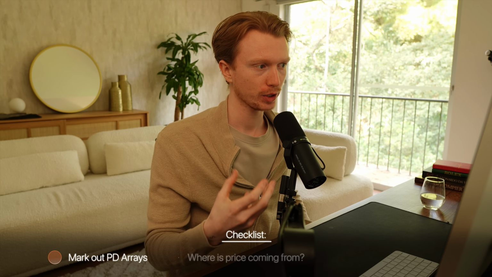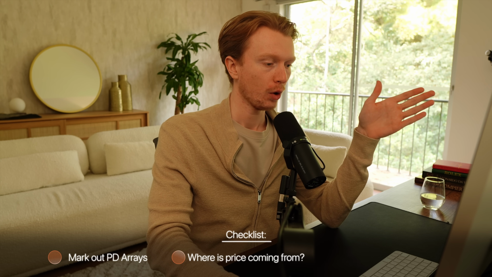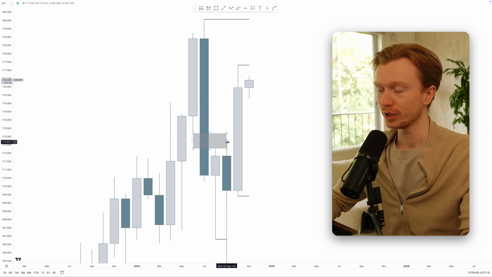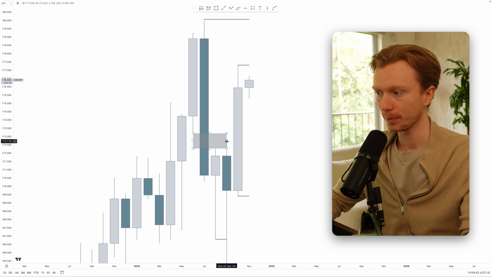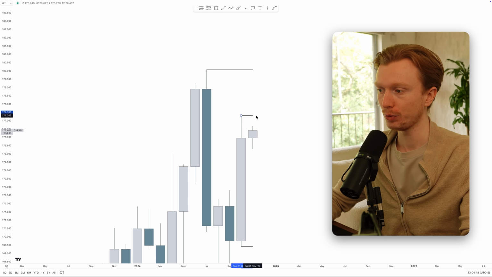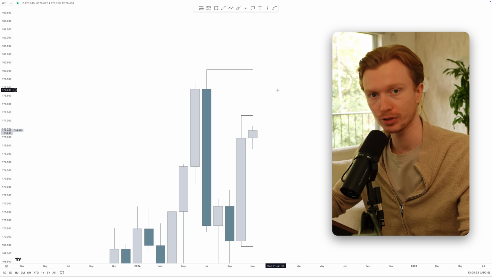So if we answer that question of where is price coming from, then where is price going? That question becomes quite clear, right? Because if it's not respecting those bearish fair value gaps and we are getting potentially bullish fair value gaps right there, we could argue that we are aiming for this previous month high right there and this swing high as our main target. So on the monthly, we had a very clear answer to the question, in the next candle, are we going higher or lower?